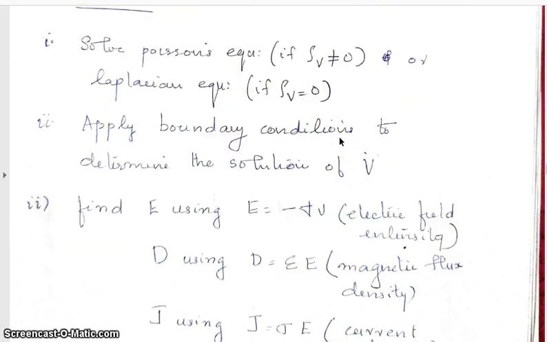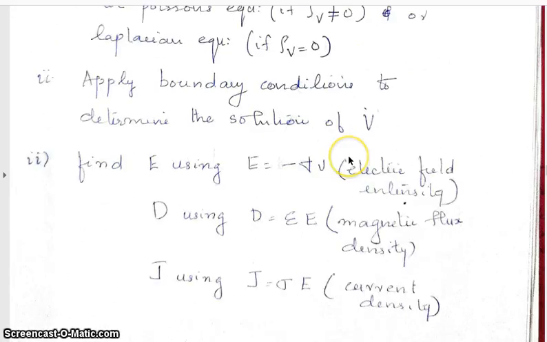Solve Poisson's equation if rho V is not equal to 0, or Laplace equation if rho V is equal to 0. Next you have to apply the boundary condition. You will take a region and use the data available from the boundary of that region, and using that data you will find V.